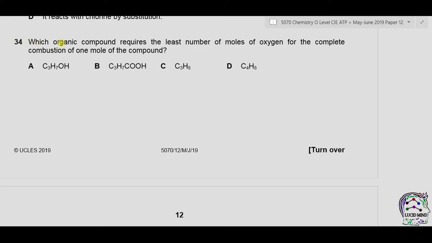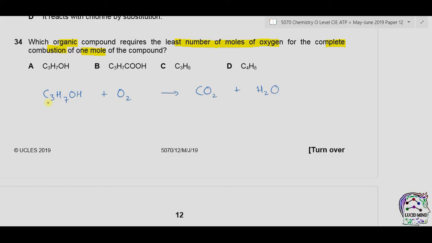Question 34. Which organic compound requires the least number of moles of oxygen for the complete combustion of 1 mole of the compound? Let's write the combustion reaction for each of the following. In A we have 3 carbons, 7 hydrogens and 1 OH. It will combust in the presence of oxygen to form carbon dioxide and water.